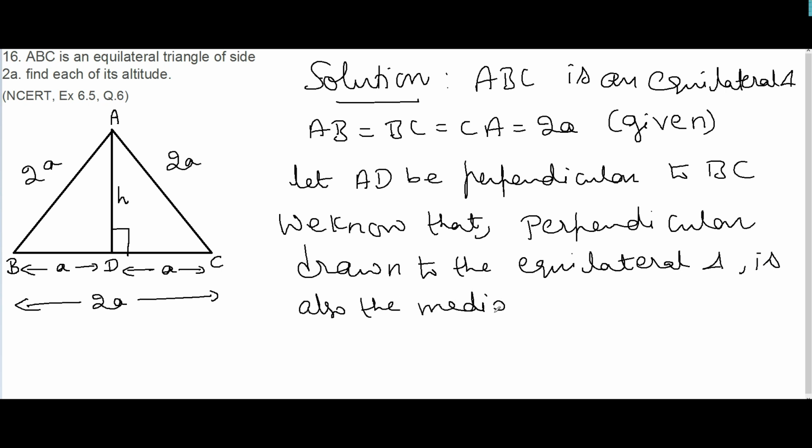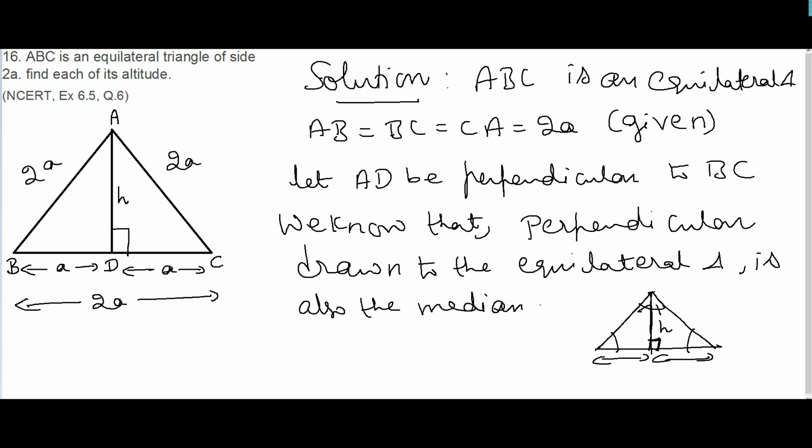Remember this, in an equilateral triangle, if you draw a perpendicular, it will be the same as the median and the angular bisector. The three will be the same for the equilateral triangle because it is equilateral and equiangular. So, if you draw the height, this is also the median. That means it bisects the base.